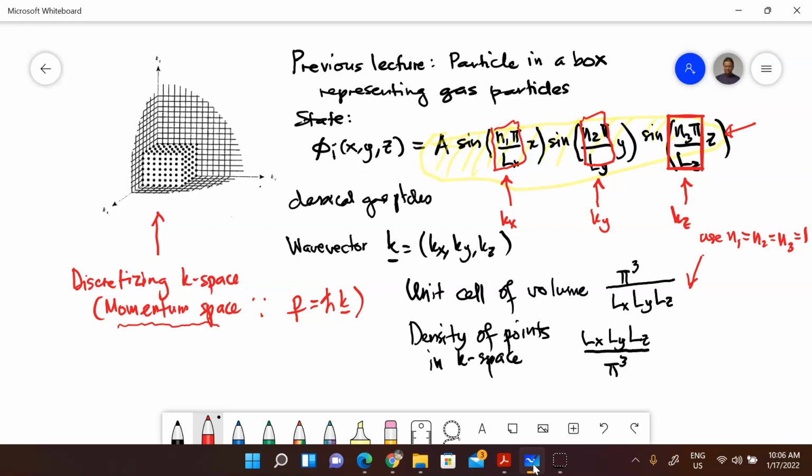So how do you discretize it? I already mentioned that we're going to use some unit cell, and the smallest unit cell is when you consider, and this is a bit counterintuitive, what's the largest kind of wave that can fit a particular length? The largest wave that can fit a particular length is given by n equals 1.